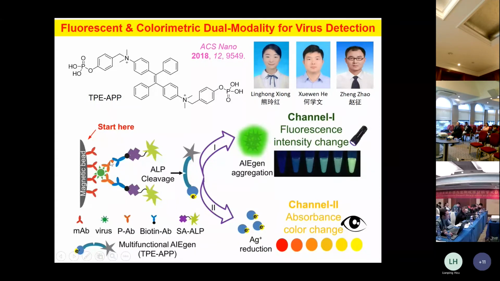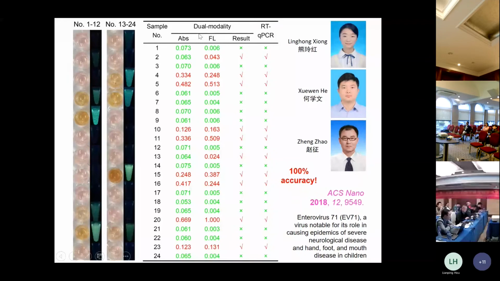You people know this is a very common process, and we use our AIEgen to give you a fluorescent signal, and we also have a color change. This is the absorption. This is the emission.